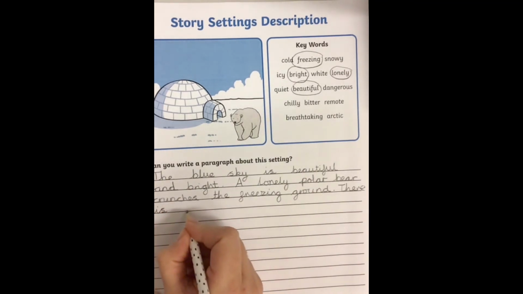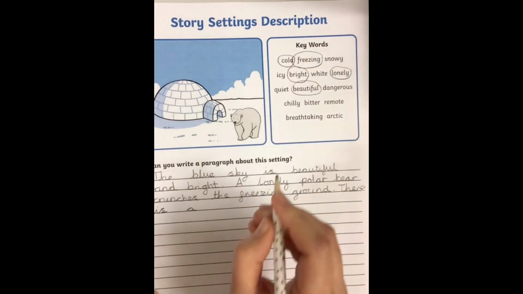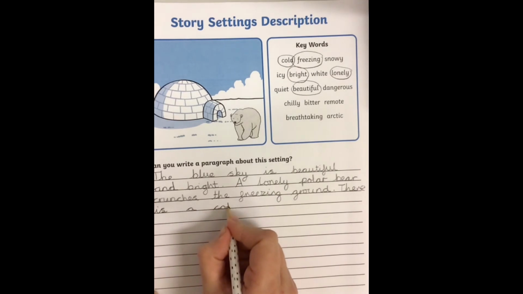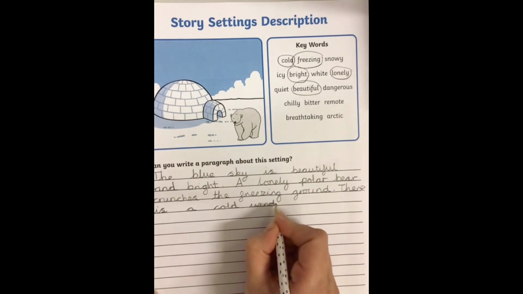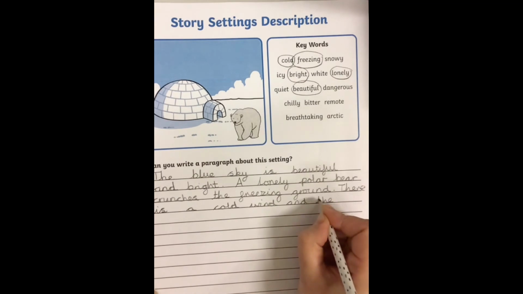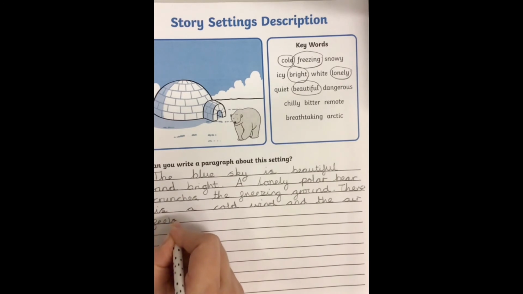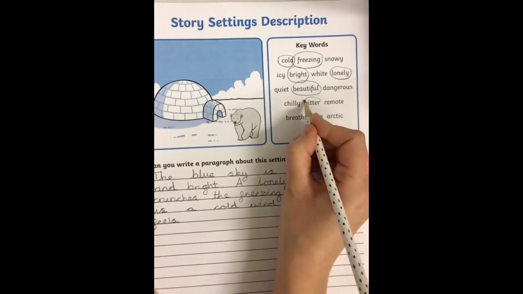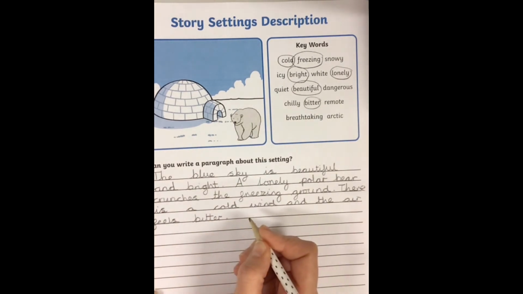There is a cold wind, to borrow that word, cold wind and the air feels bitter. Yes, bitter is another word for really, really cold. End of my sentence, a full stop.